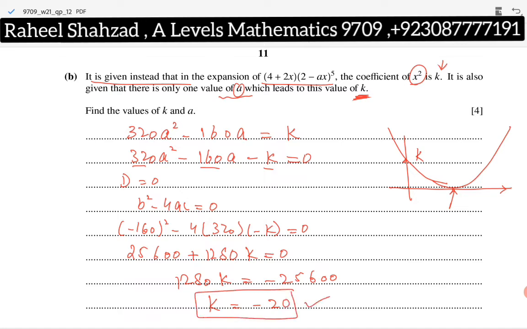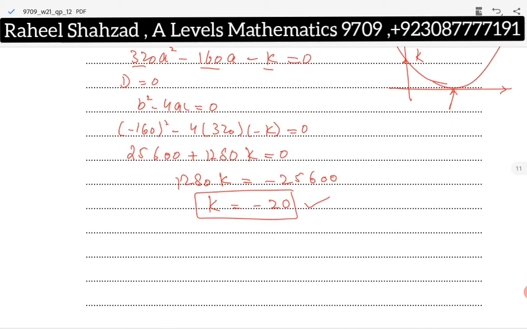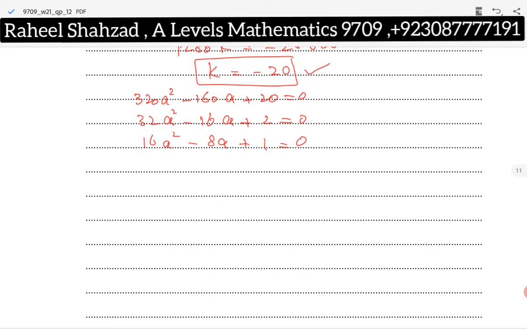So the value of k is equal to minus 20, and when we put k here, minus 20, that makes it 320a square minus 160a plus 20 is equal to 0. So dividing by 20, it's 16a square minus 8a plus 1 is equal to 0, and we have the value of a.